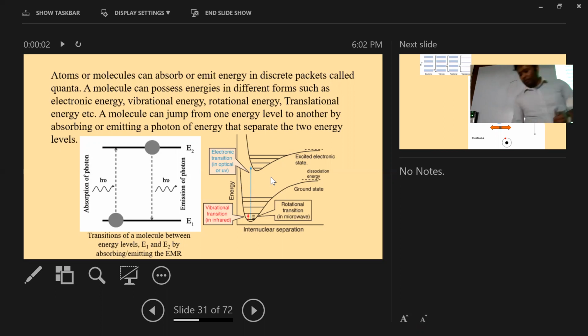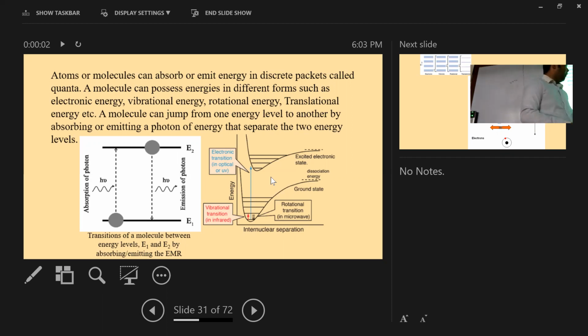If you are on the floor, you can jump up onto the table, meaning you have some energy to jump up. This is our normal state, the ground state for any molecule. The energy is given by light, maybe UV light, visible light, or IR light.